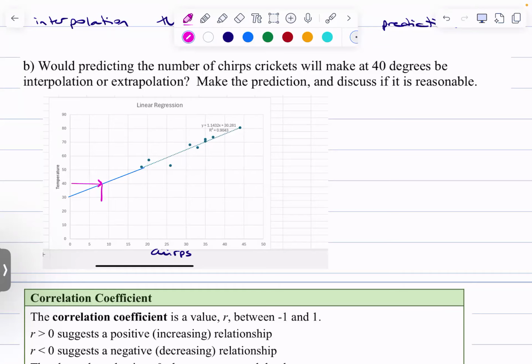And we want to make a prediction, but it's outside. In this range is an interpolation, which makes this an extrapolation, right? It's outside the range of our data.